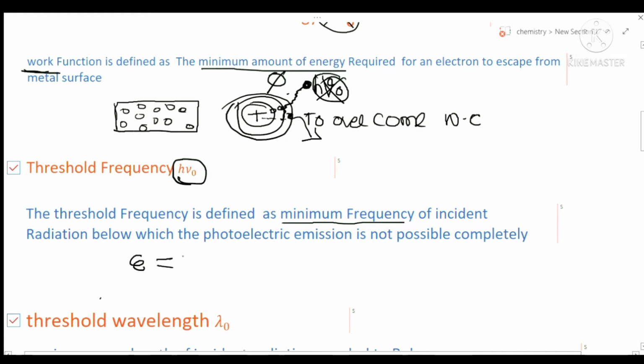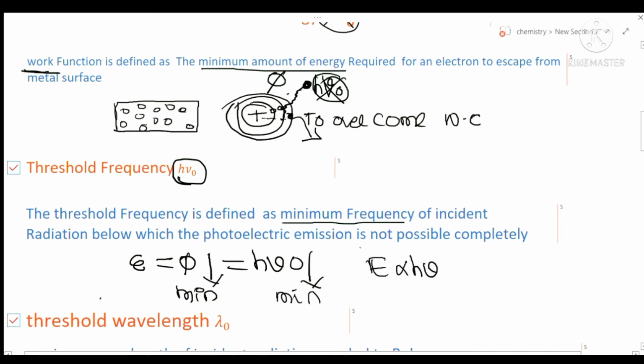For example, for the work function with h mu naught, if the energy is low, automatically the frequency will be low. That means it is the minimum. Here also it will be minimum. We know that E is directly proportional to h mu naught.